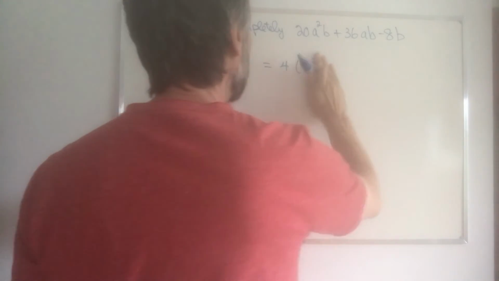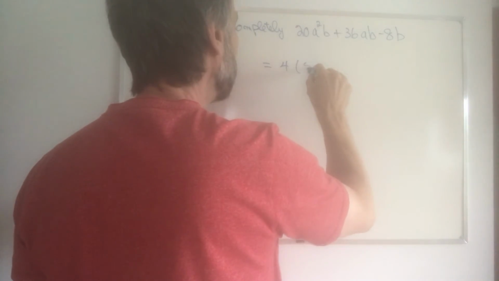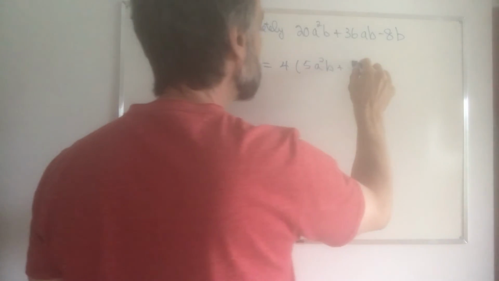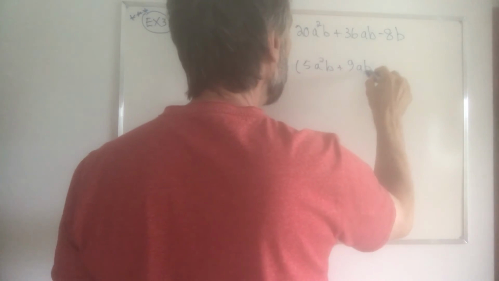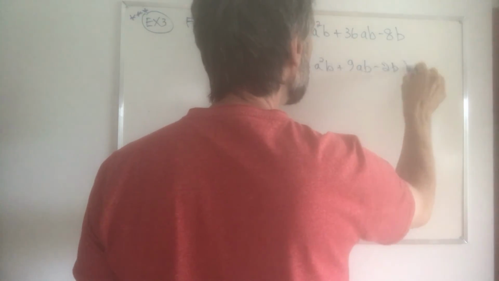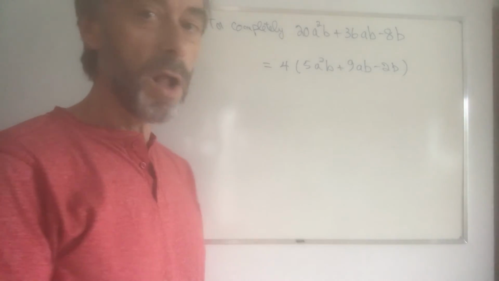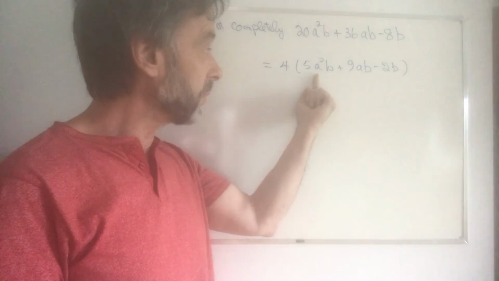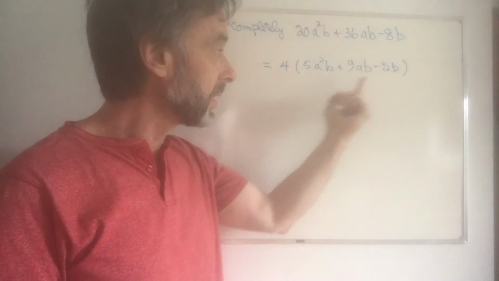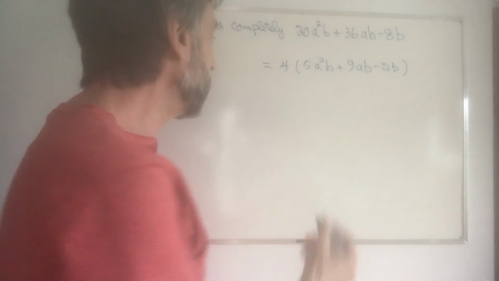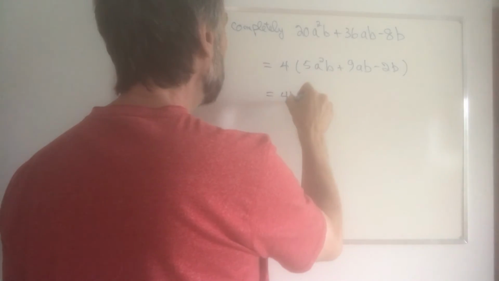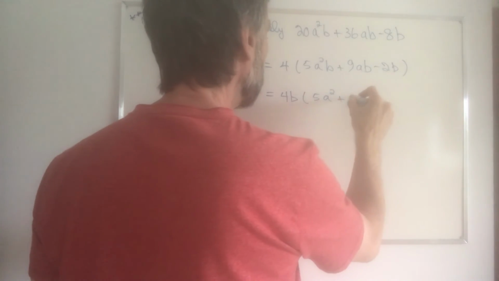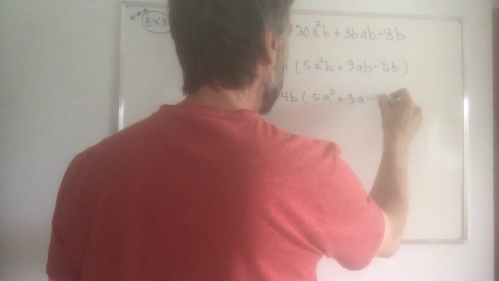So 4 I will have 5a squared b plus 9ab minus 2b. Is that all that I can take out of this? Is there something yet common again between the first, the second, and the third? Look carefully, they all have a b. So I'll take out a b, and then I'll have 5a squared plus 9a minus 2.